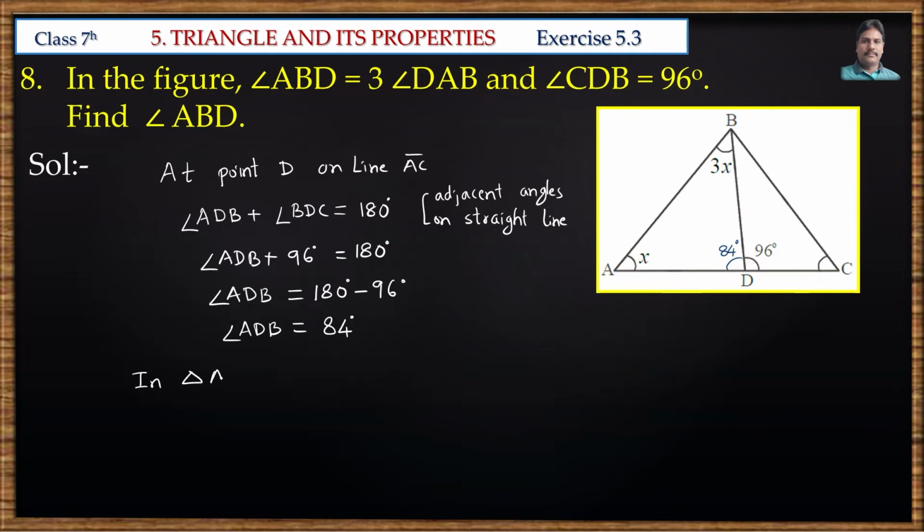In triangle ADB, by the angle sum property, x plus 3x plus 84 is equal to 180 degrees by angle sum property.